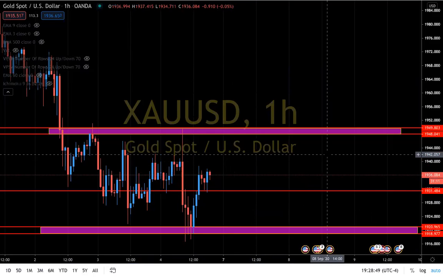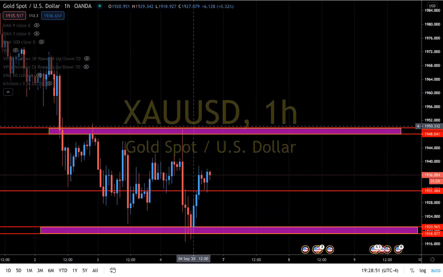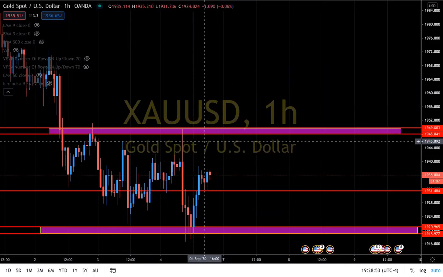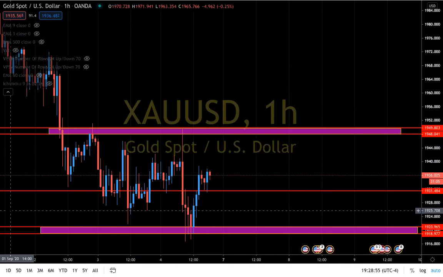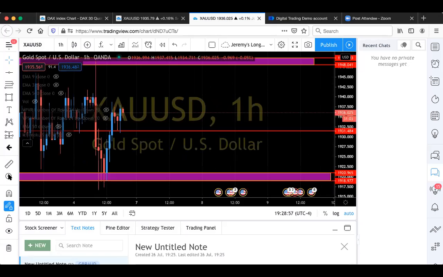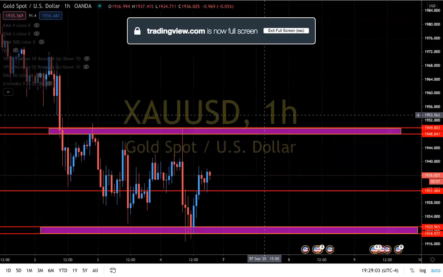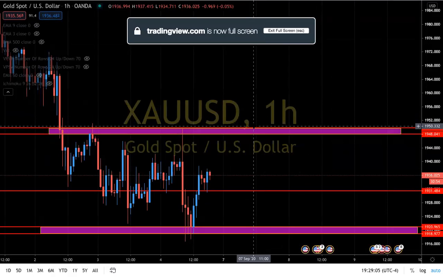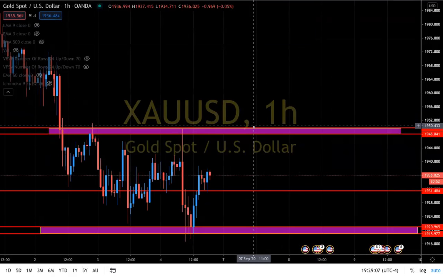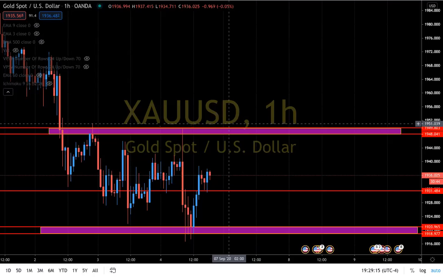Remove that. Okay, so what you do is find the resistance and support at the top and the bottom, and where your entries would be, you would do a buy stop of 30 pips. So you want to calculate 30 pips, and you want to put a buy stop just above the last resistance line of that box, or you could do it a little bit higher, because when you look left, you see these wicks.